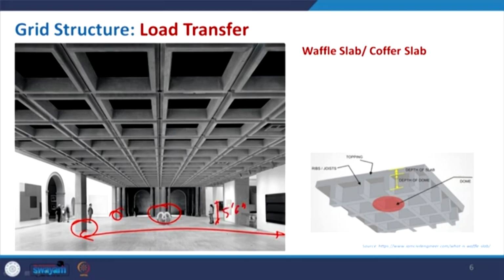So, this will have a good span which is supported with the waffle slab, sometimes also referred to as the coffer slab. Any load given on that will be distributed through this particular support and at the end, and the more efficiently you make the grid, the distribution will have that efficiency.